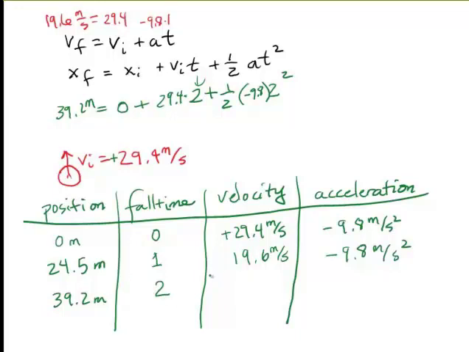And then if we want to calculate the velocity at that time, we'll go right back up here to this equation, and we'll plug in everything, and now it'll turn out to be, well, we had our initial velocity is 29.4, and then plus, what is A, minus 9.8, and then times 2 seconds, and we work that out, and it should be 9.8 meters per second.